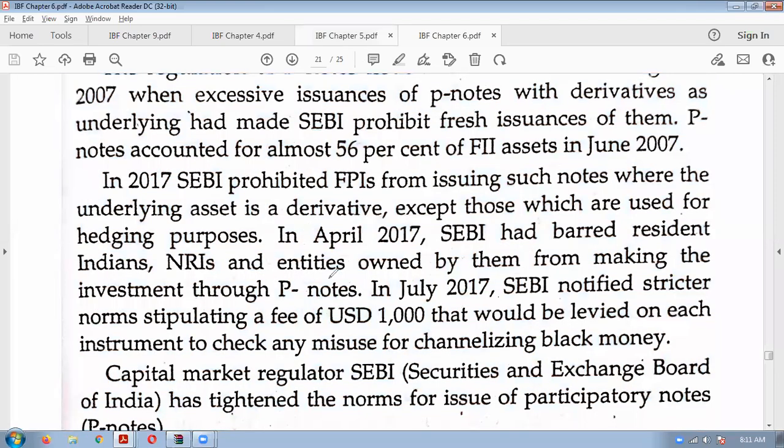In April 2017, SEBI had barred resident Indians, NRIs, and entities owned by them from making investments through P notes. Okay, so we can say that SEBI has taken some strict steps for prohibiting the issue of P notes with effect from 2017.